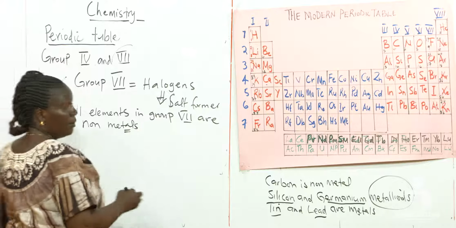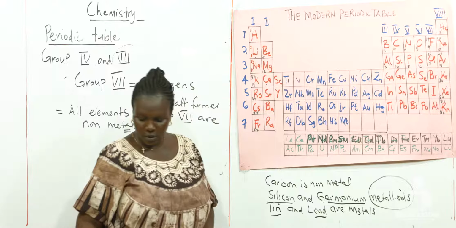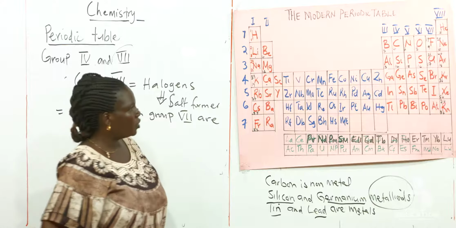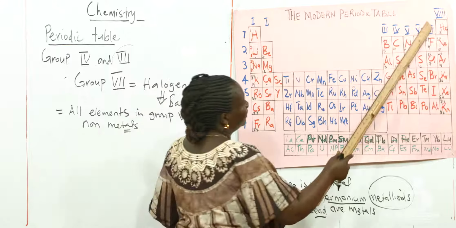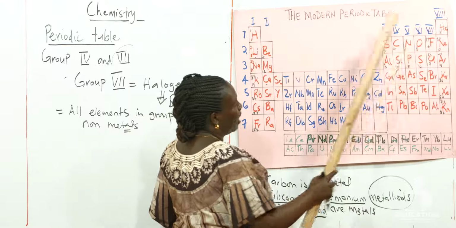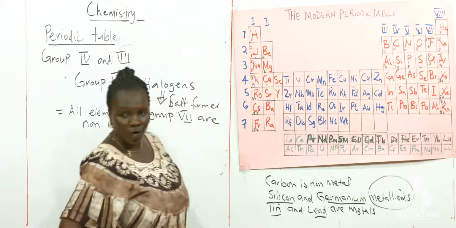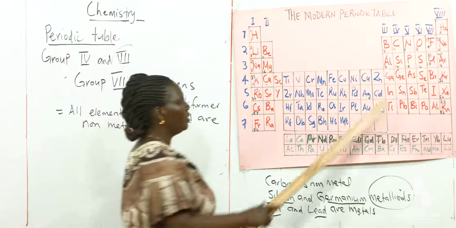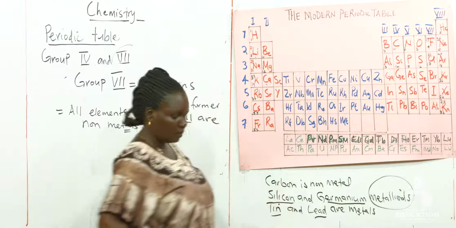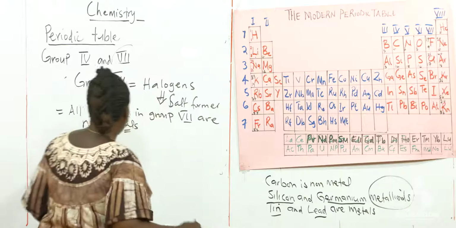And of course, all members of group 7 have 7 electrons in their outermost energy level. The first member of group 7 is fluorine. And as I said, group 7 is known as the halogens.